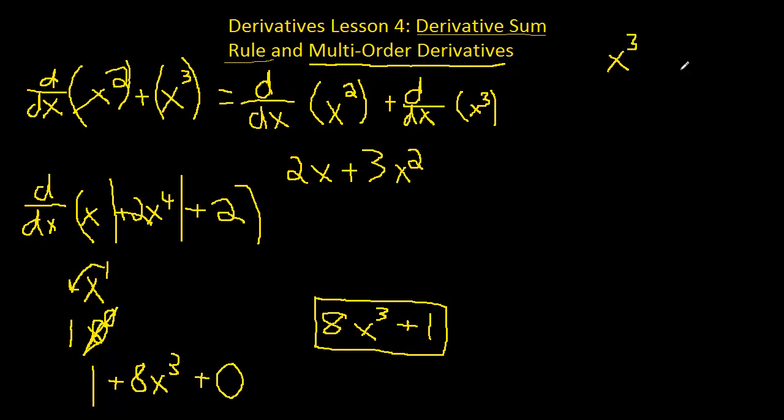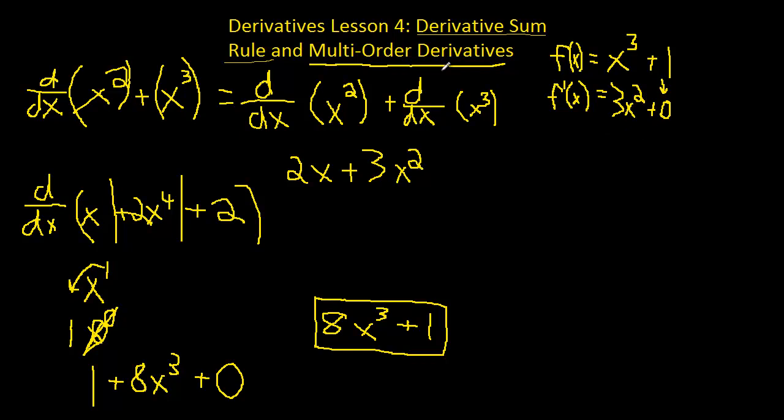So if this is our f of x, x cubed plus x plus 1, then our first derivative, we'll put that mark on there, is going to be 3x squared, plus 1 goes to plus 0, and then this goes to 3x squared.